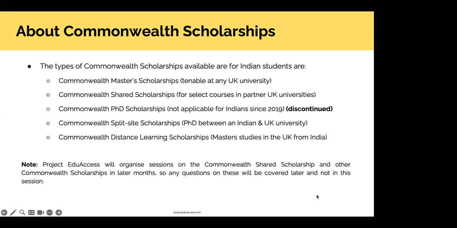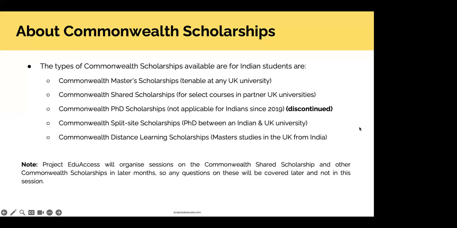So, as I mentioned earlier, there are several types of Commonwealth scholarships available for Indian students. First, the Commonwealth Master Scholarships, which we'll be focusing on in this session, and they are tenable at any university in the UK. Then we have the Commonwealth Shared Scholarships, which are for select courses in partner UK universities, which means that the funding is shared between the CSC, the Commonwealth Scholarship Commission, and the select university.